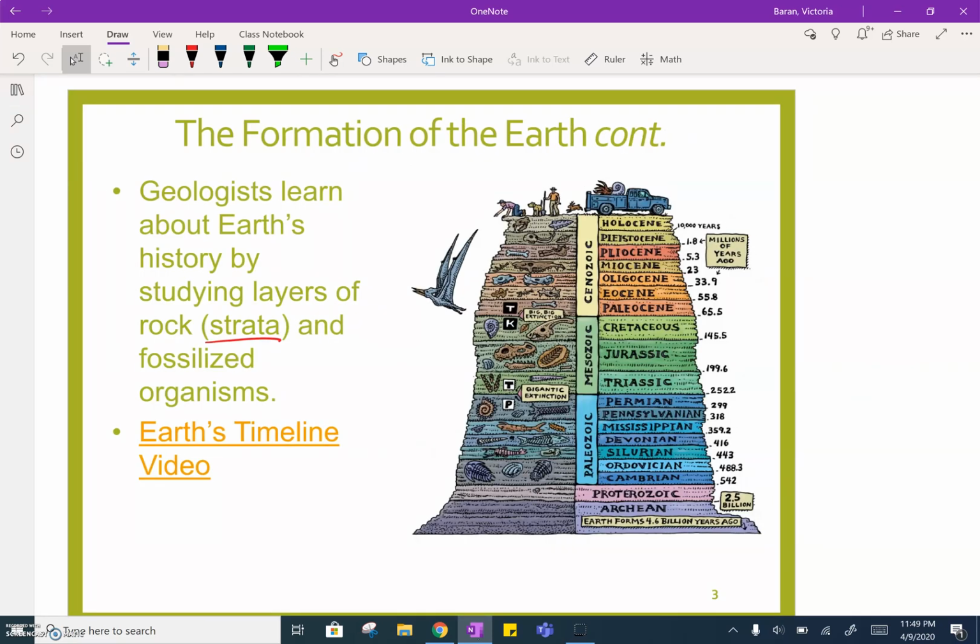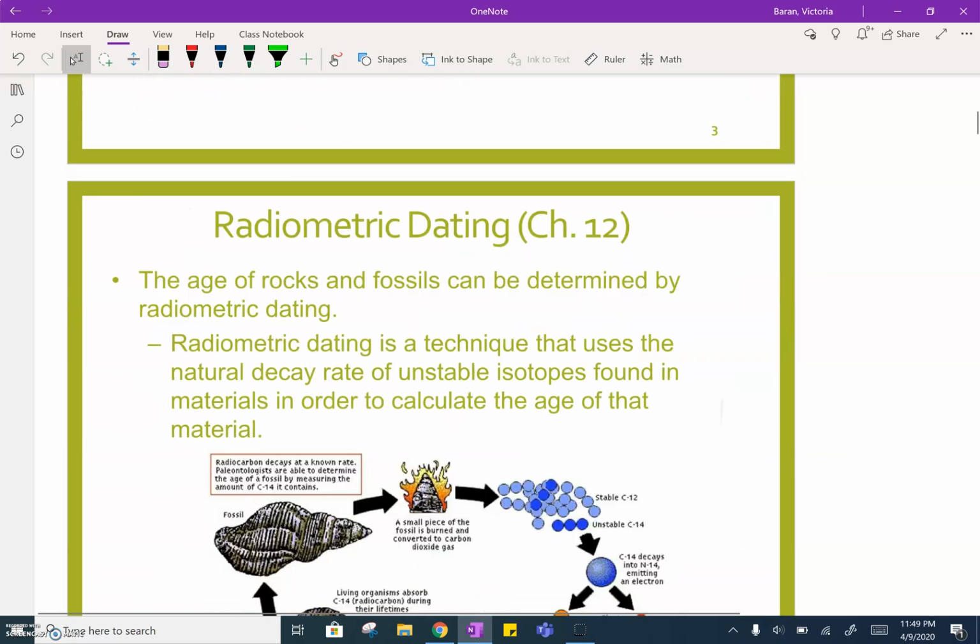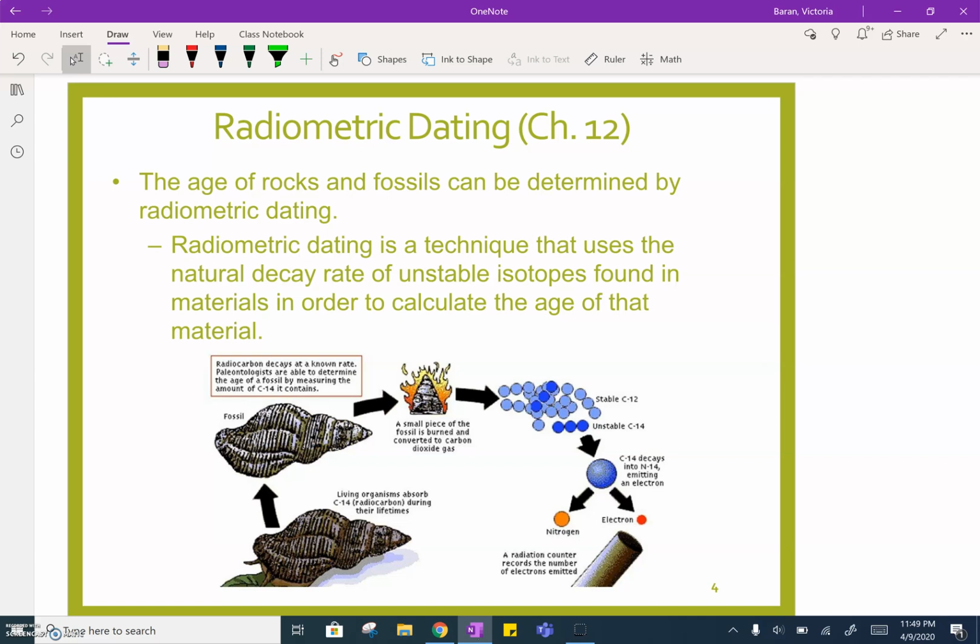So now that we've talked a little bit about Earth's formation and history, before I get to the first cells, I do want to go back to radiometric dating and briefly talk about what that is. So we use this to determine the age of rocks and fossils and even things like meteorites. Now, radiometric dating is a technique that uses the natural decay rate of unstable isotopes found in certain materials.